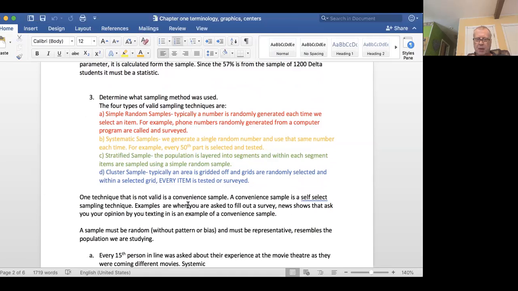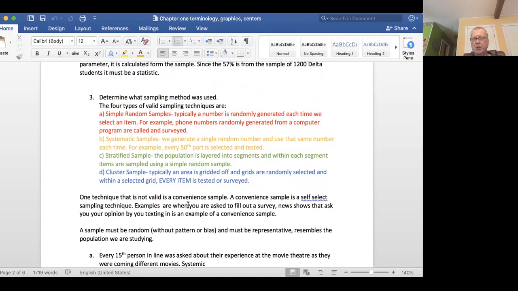Another type is what we call self-select, or a convenience sample. A convenience sample is not a valid sample. When you watch the news or read a magazine or something on the internet, and it says, hey, take our poll, it's worthless. It's useless. If a politician asks, do you support so-and-so and these issues, and it's on the internet, it's a worthless sample.